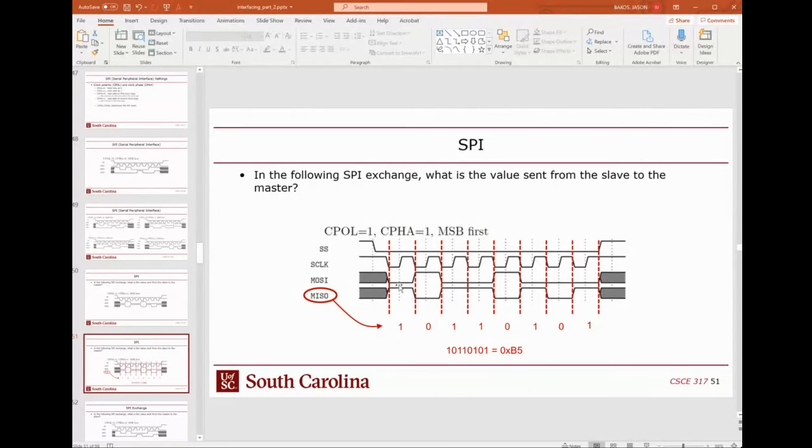When you read the data, you want to make sure you read it in the middle of when the data is stable. You want to try to avoid reading data when it's changing. So in this case, the data is changing on the falling edge of the clock, so I want to read it on the rising edge of the clock.